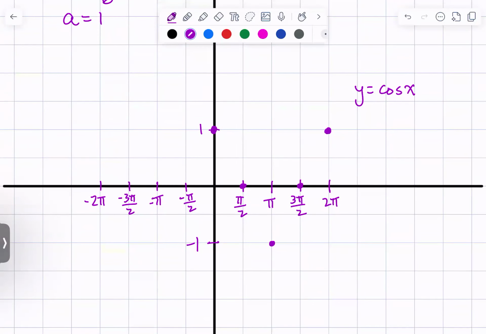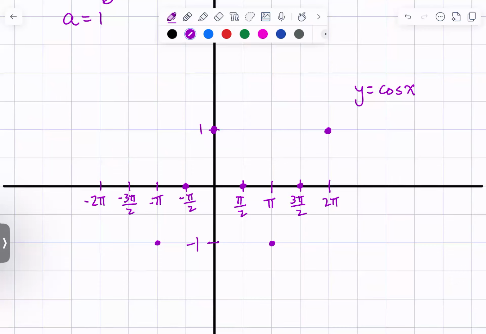So negative pi over 2 is the same thing as 3 pi over 2, remember. So my value of cosine of 3 pi over 2 is 0. Cosine of negative pi is the same thing as cosine of pi, which is at negative 1.